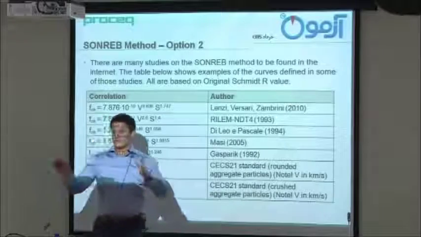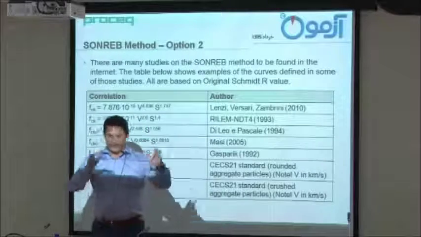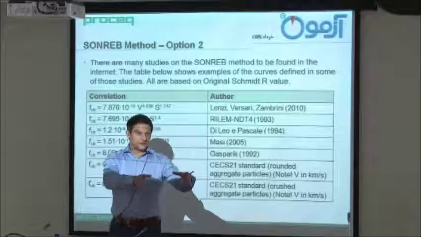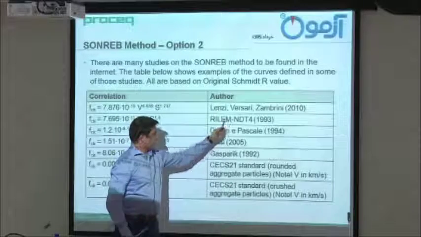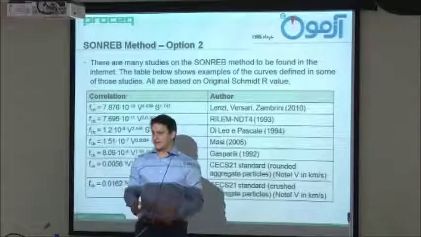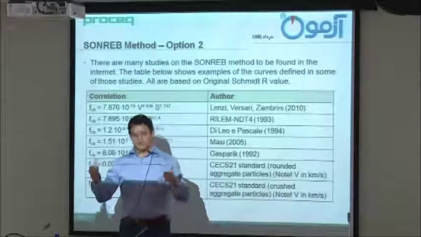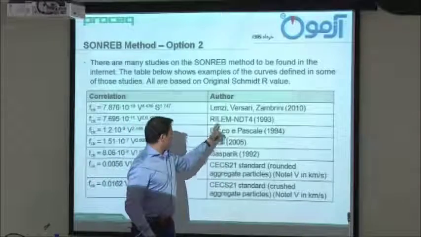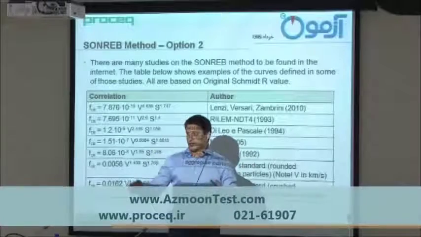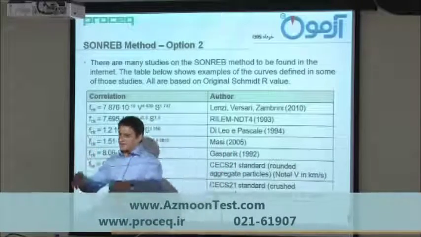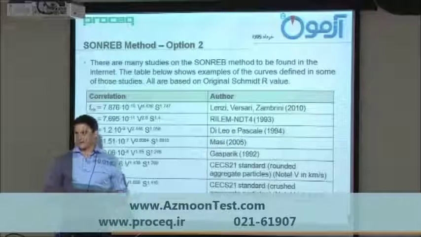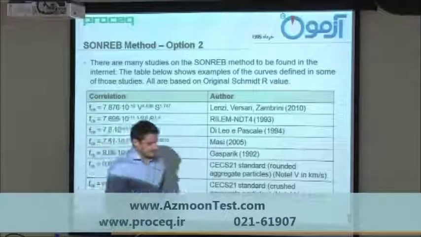You take another Excel sheet, let's say you use the RILEM and the Leo, and then you check the results. Is it close to what you expect? Yes, okay. This one is not close, delete. But you get the information out, and then if you have experience with this kind of test, you can create yourself a curve.